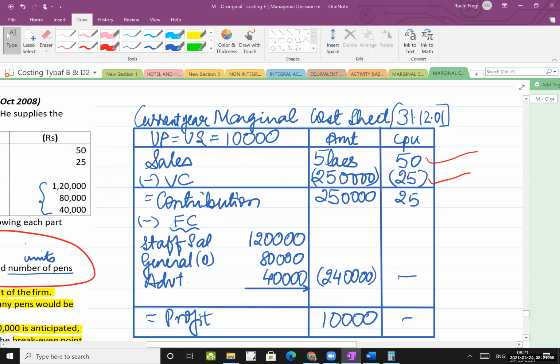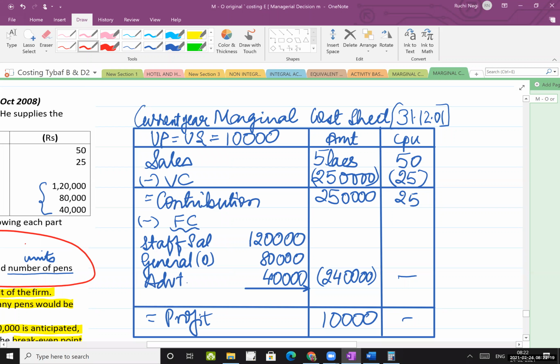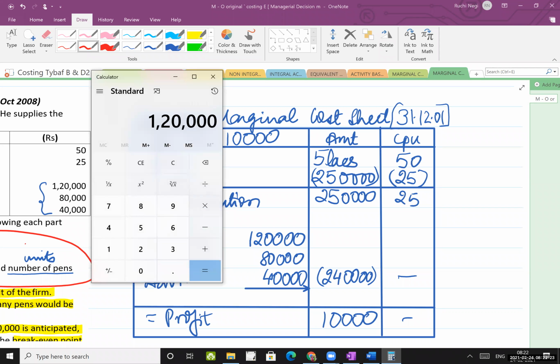Our format is visible. So understood how to calculate the amount, right? 10,000 multiplied with 25, 2 lakh 50. So my contribution is 2 lakh 50. Then fixed cost. In fixed cost what do I have? I have 1 lakh 20 plus 80 plus 40.